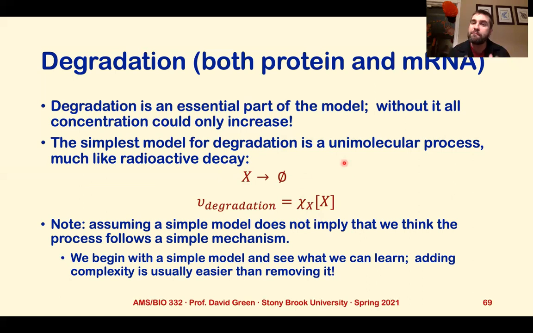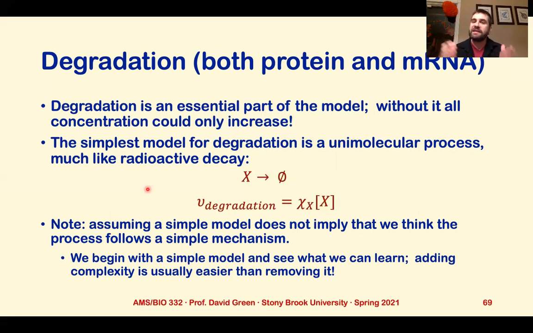And so we might treat as an initial model a degradation process for protein and mRNA using this very simple unimolecular model. I want to be very clear about a very, very important point when we build models like this, especially for complicated cellular physiological systems. Assuming a simple model does not imply that we think the process follows a simple mechanism.